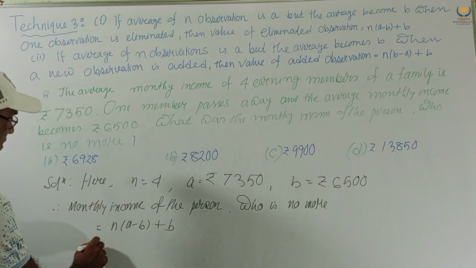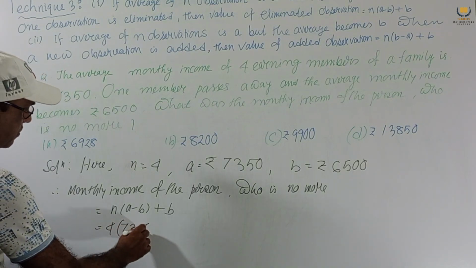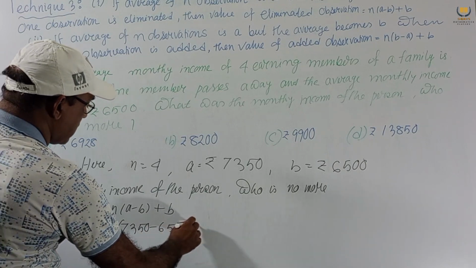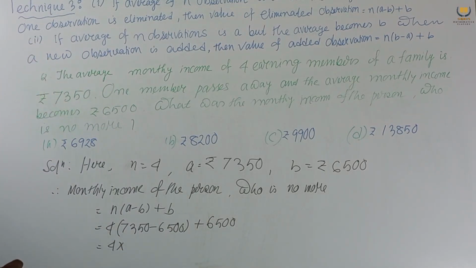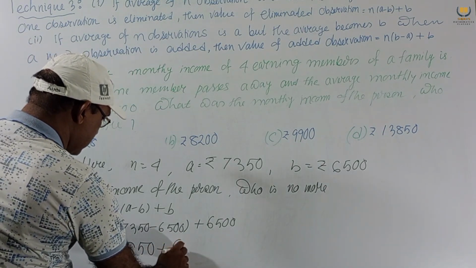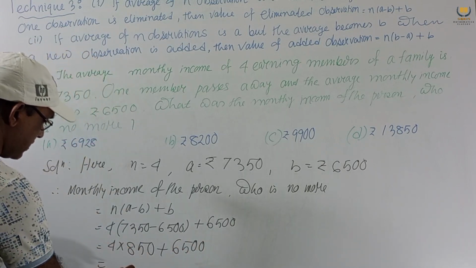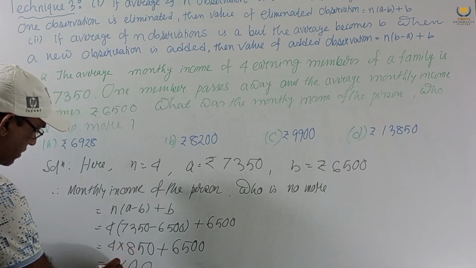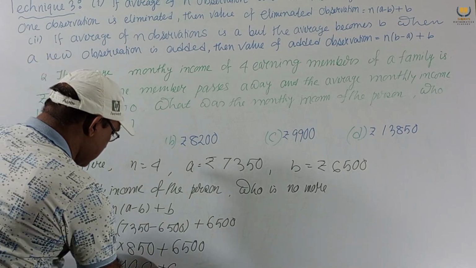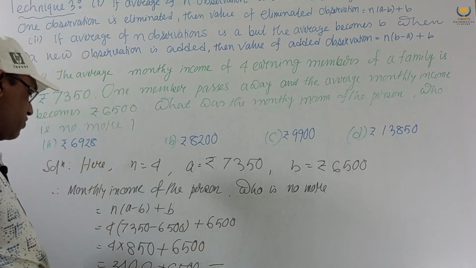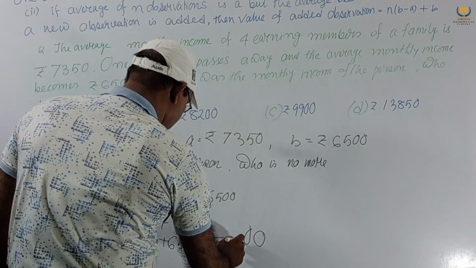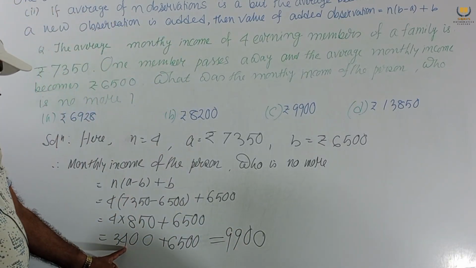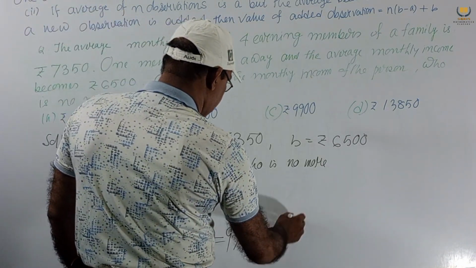First formula we consider. n is 4, a is 7350, b is 6500, plus 6500. 7350 minus 6500 is 850, and 4 into 850 is 3400, plus 6500 gives 9900. So 9900 is our answer.